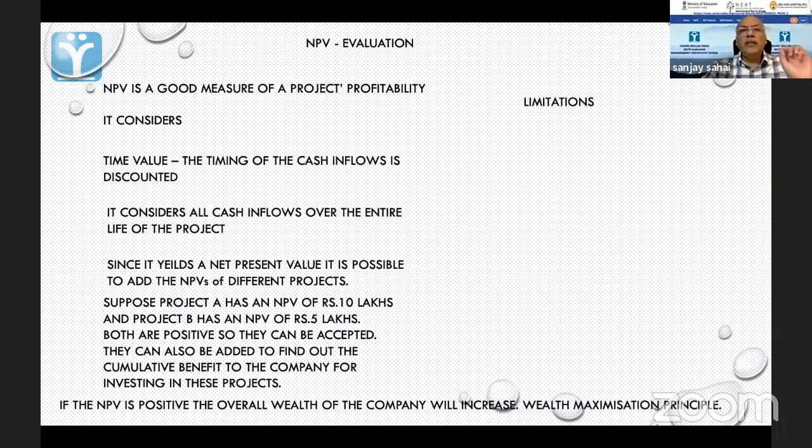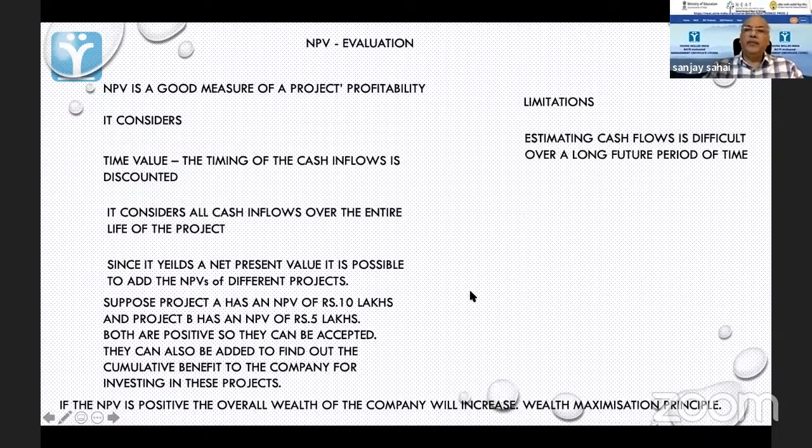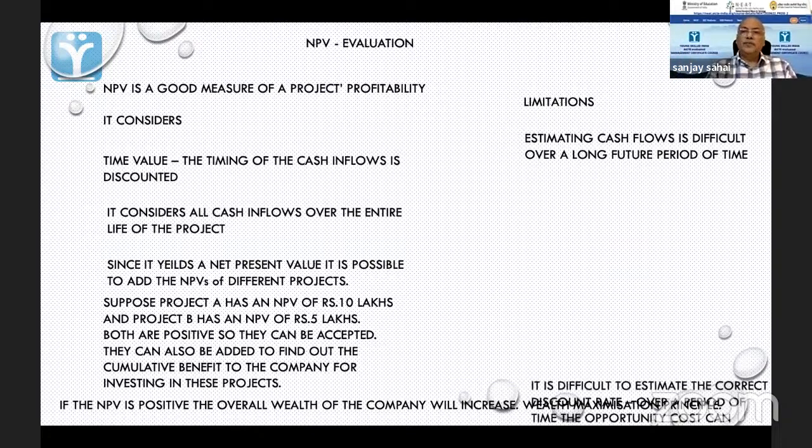Now, what are the limitations of this? While there are many things which make NPV good, what are its limitations? The first limitation, of course, is that it's very difficult to figure out the cash flows over this entire period of time. That is an issue.